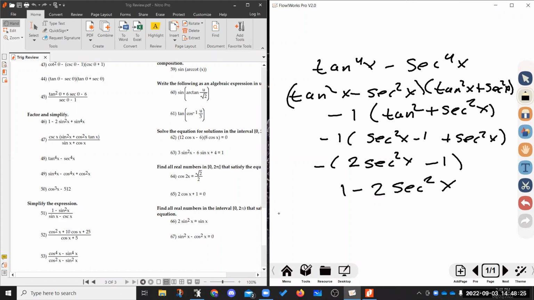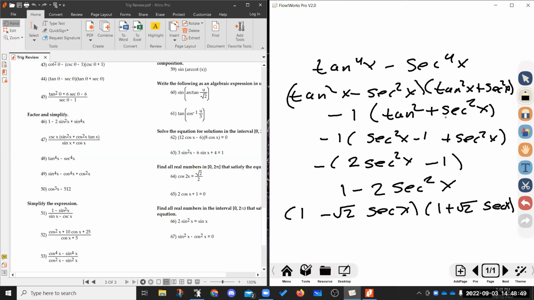I really could factor that if I wanted to into this and this, and I'd be done. I might like it better if I had gotten it all in terms of tangents, because tangents can be done with my calculator, but that's not bad.